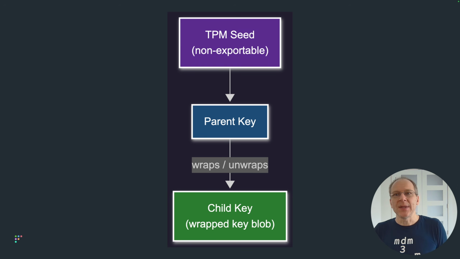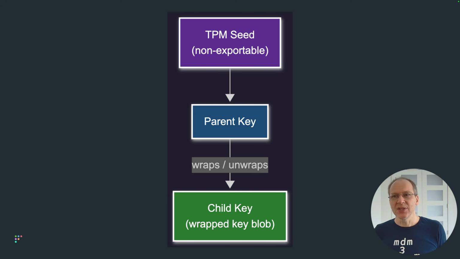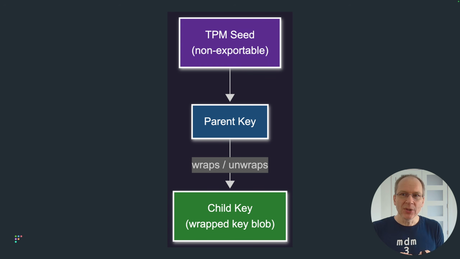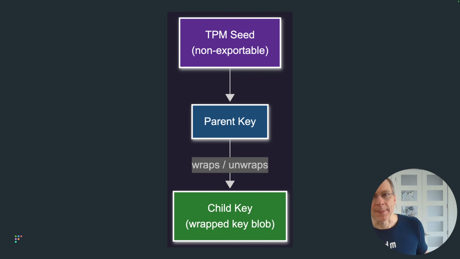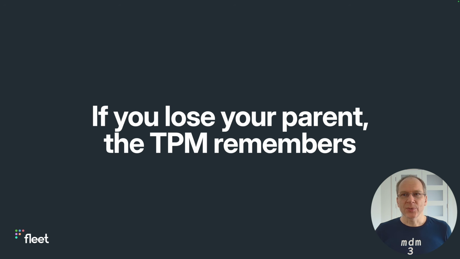You don't need the TPM to persist every key forever in silicon. Many TPMs have limited memory, and as an application developer, you can't rely on the TPM of your client to have space for your identity key. You persist these wrapped key blobs externally on disk, and the TPM unwraps them only under the right parent and policy. The reason this works is because parent keys are reproducible.